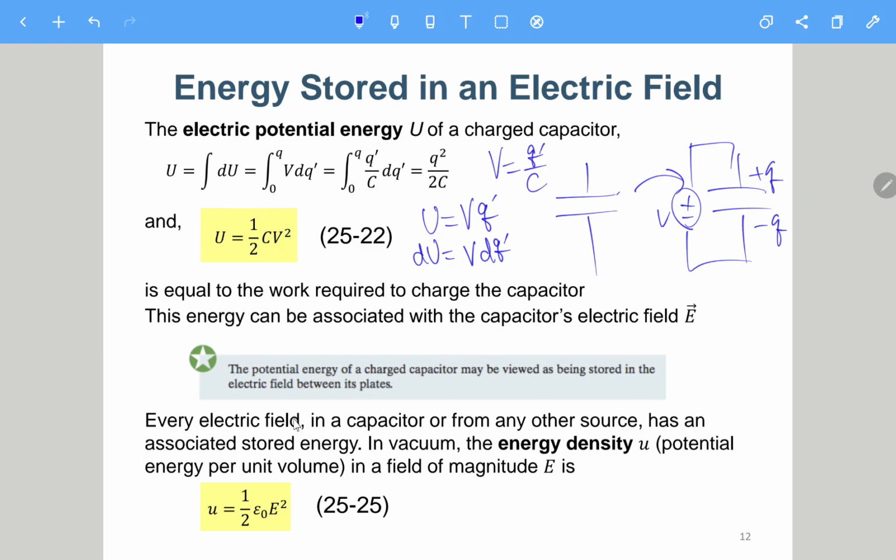And then this one is called the energy density per unit volume, potential energy per unit volume. We will use this later in chapter 33, when we talk about the EM wave. But I seldom use this one.